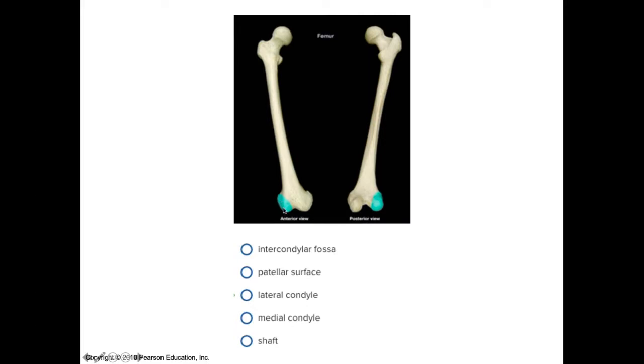So it's the lateral condyle. It doesn't matter whether you're looking at it from the front or the back, it's still the lateral condyle of the femur. Okay. In the anterior side, between the two trochanters is the intertrochanteric line. And on the back, it's the intertrochanteric crest.